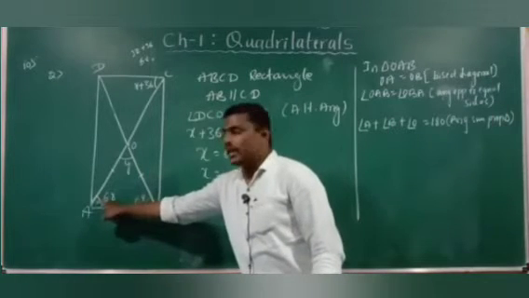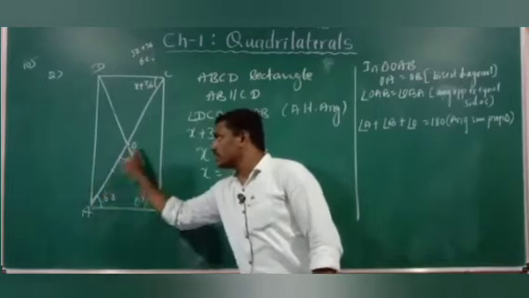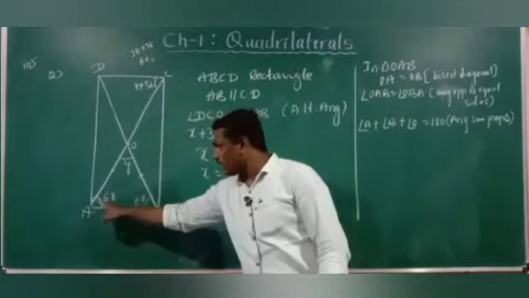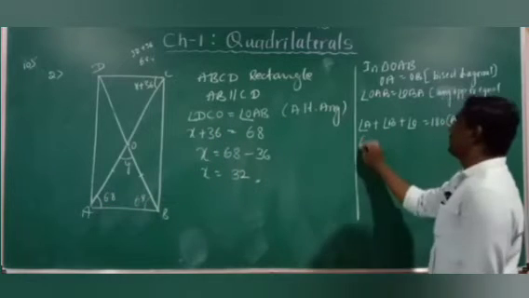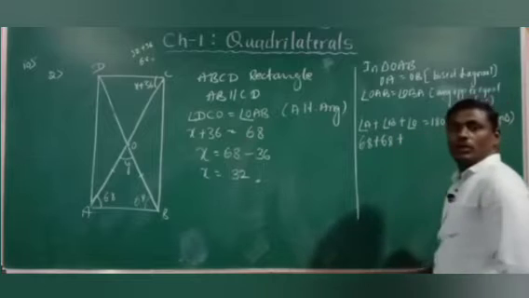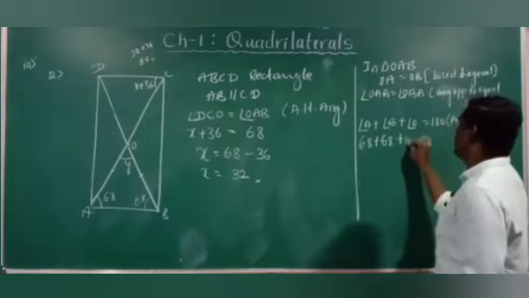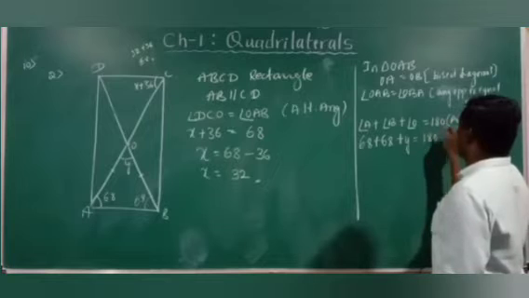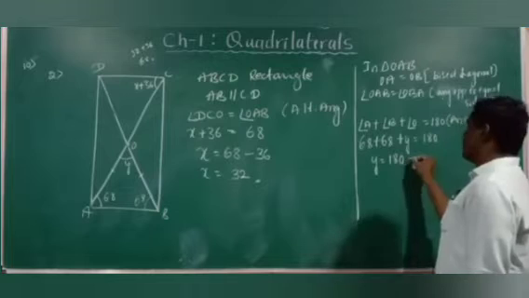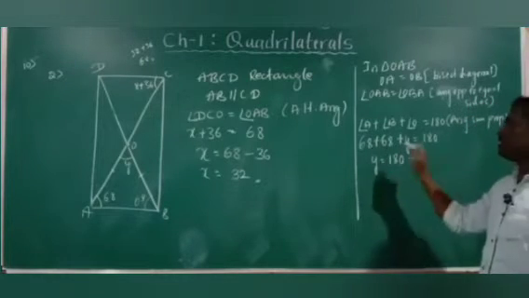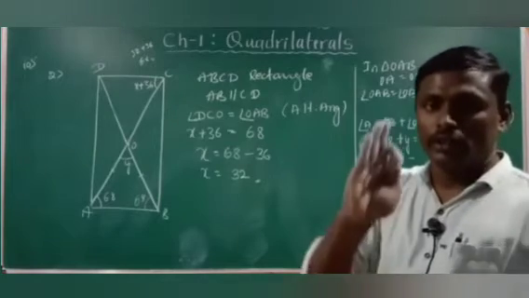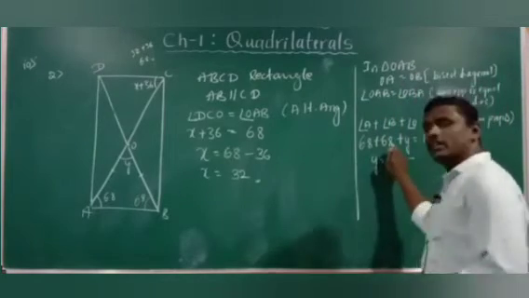Angle A is considered in triangle OAB. Just observe this angle only. Angle A is 68. Angle B is also 68. O is nothing but Y, that is equal to 180 degree. Y is equal to 180 minus (68 plus 68). 60 plus 60 is 120, and the remaining 8 plus 8 is 16.